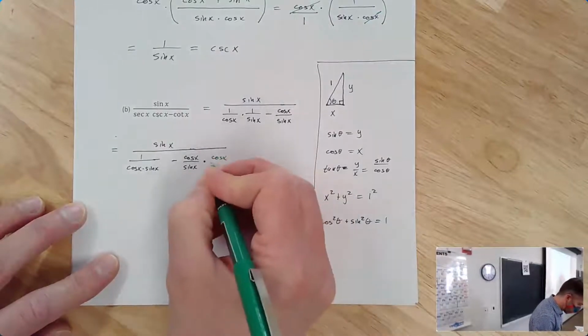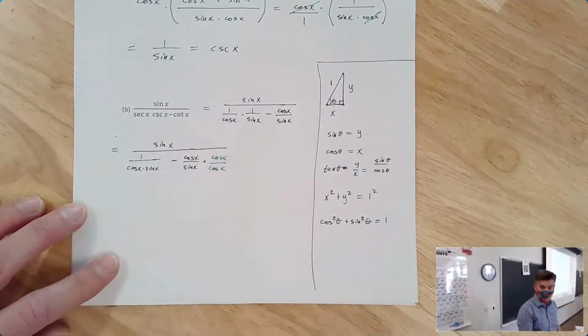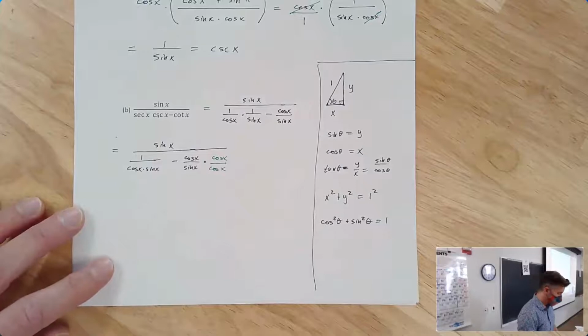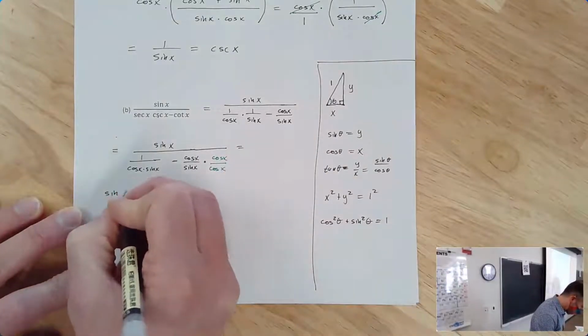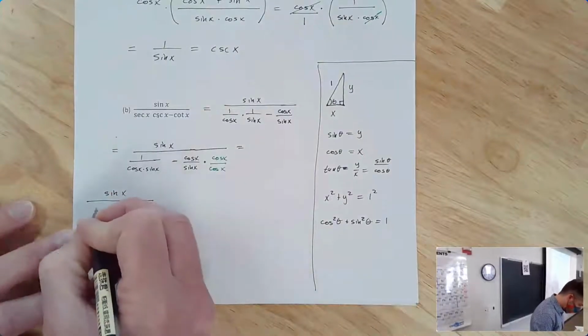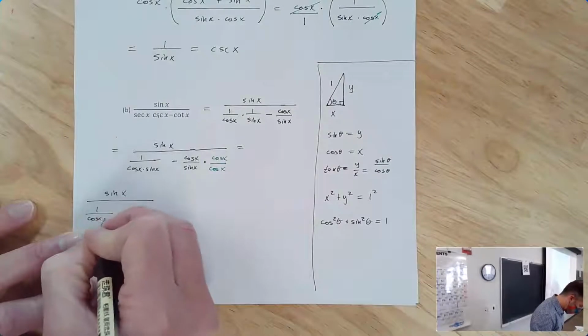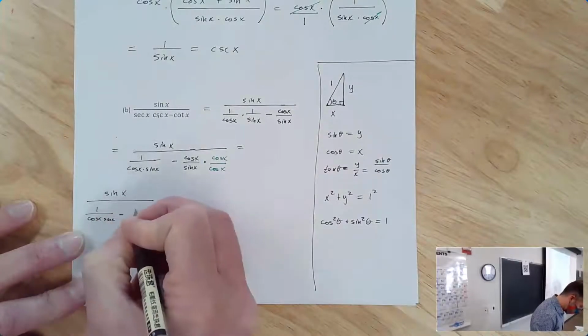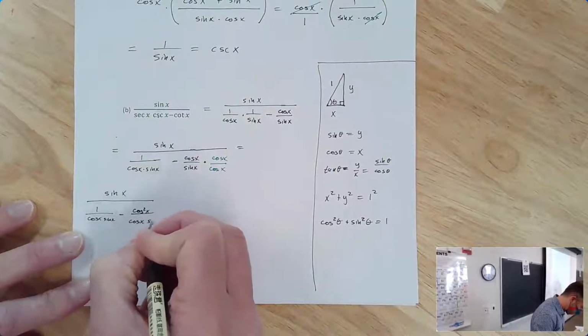I need another cosine in the denominator so that this fraction and this fraction will have the same denominator. All right, so let's see what we've got now. Sine of x divided by 1 over cosine x sine x minus cosine squared x over cosine x sine x.